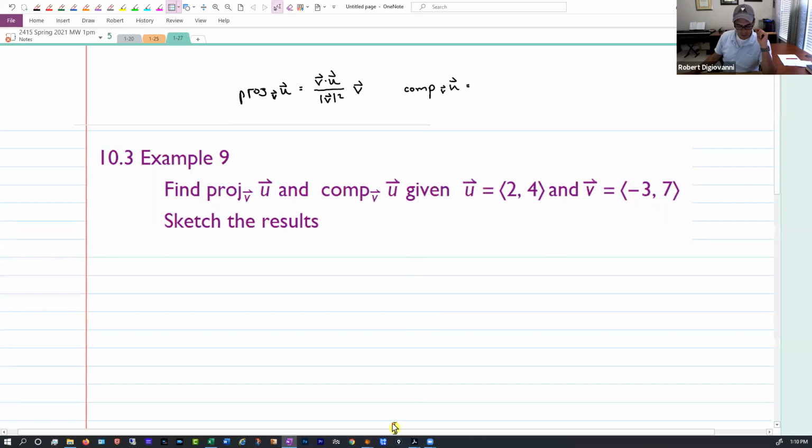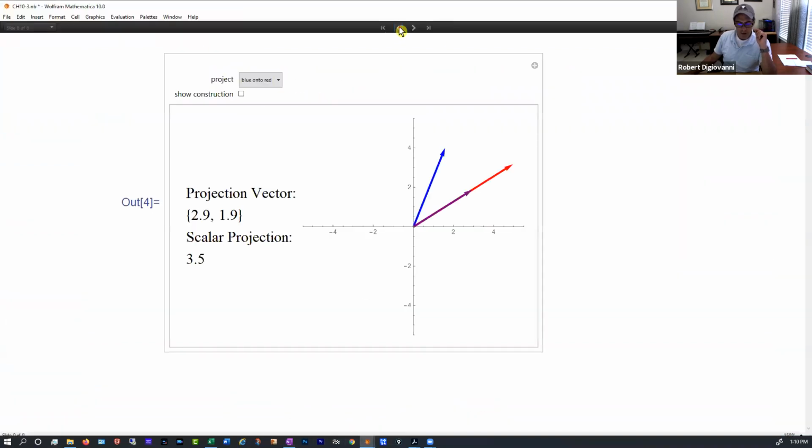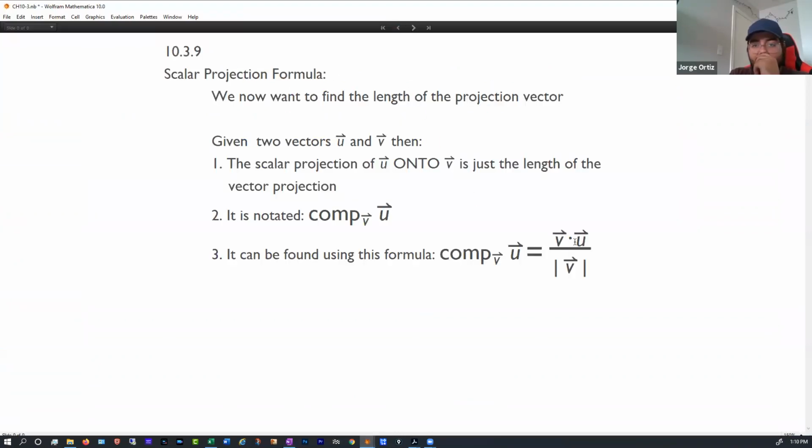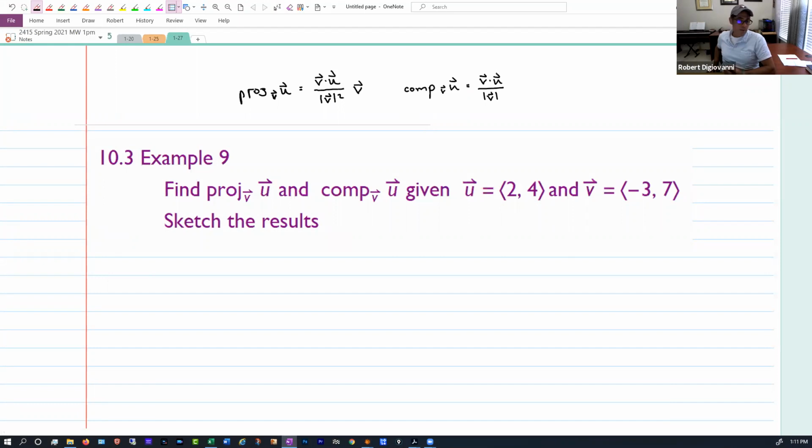Is it similar to that formula? What are the similarities? You just don't multiply by the vector at the end. And we don't square the bottom. Yes. So it's just going to be that same thing, v dot u over the magnitude of v, like that. All right, so would you all agree that we need to find the dot product, right? We're going to need that for both of the answers. So let's go ahead and do v dot u.